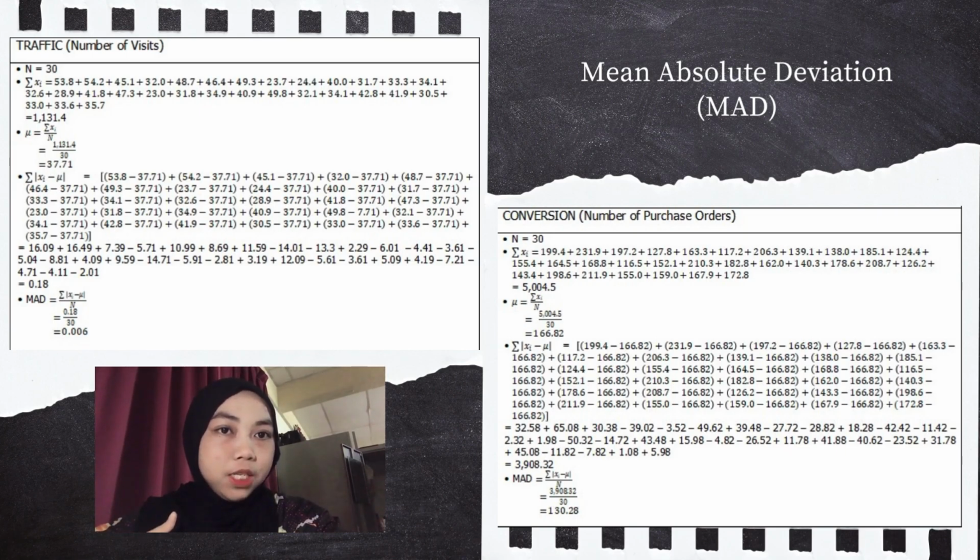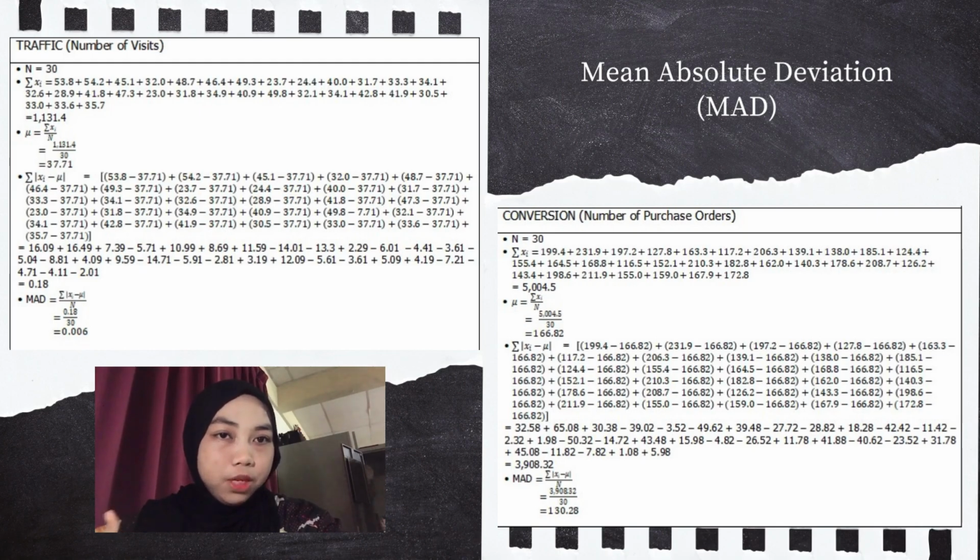MAD, the mean absolute deviation, measures the average absolute difference between each data point and the mean of the metric. The MAD of number of visits is 36.46, while the MAD of number of purchase orders is 112.95.